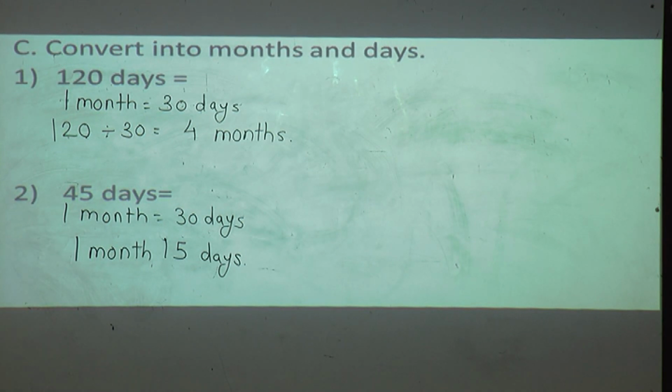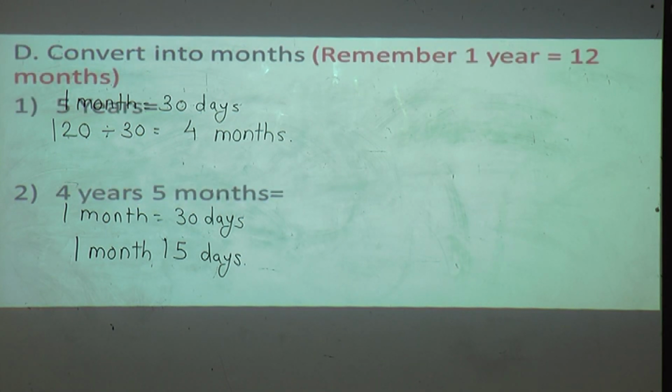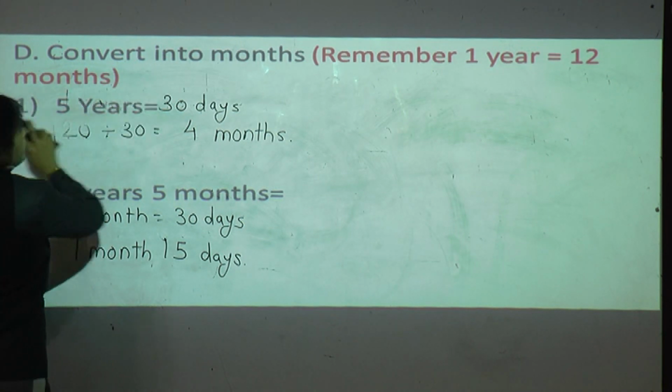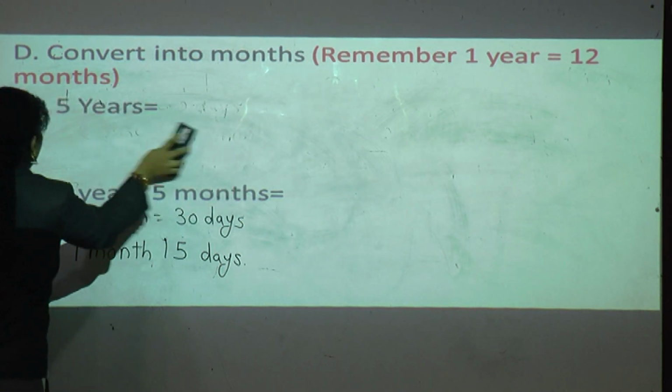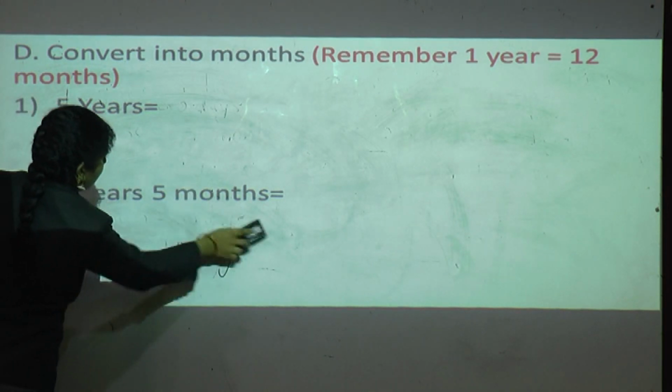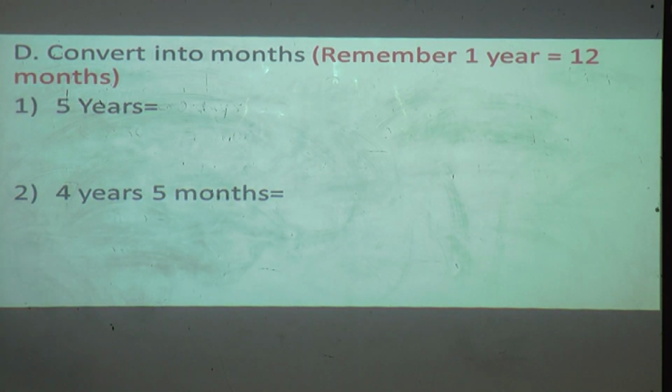So students, now see B1. Here convert into months. Now students, see here, 5 years. You know that 1 year is equal to 12 months.